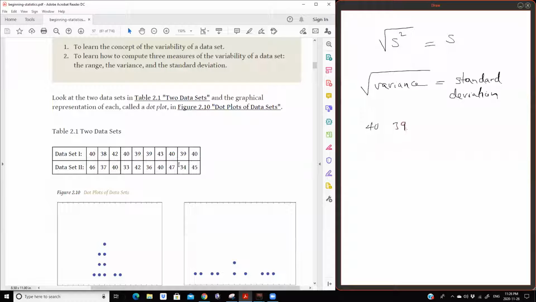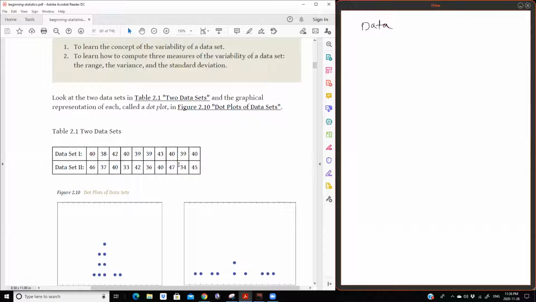So this is my data: 40, 38, 42, 40, 39, 39, 43, 40, 39, 40. I want to calculate x bar, s squared, and s for this data.